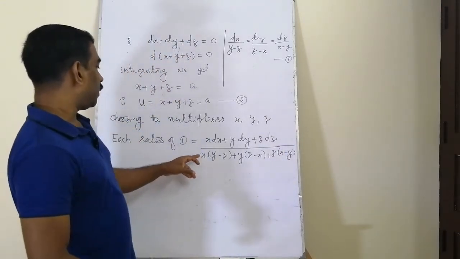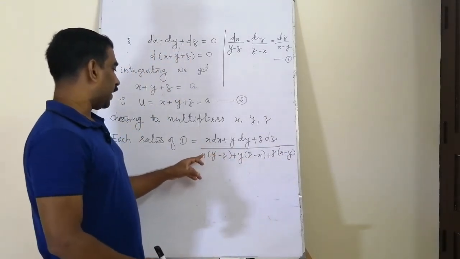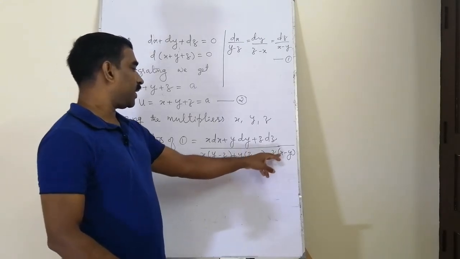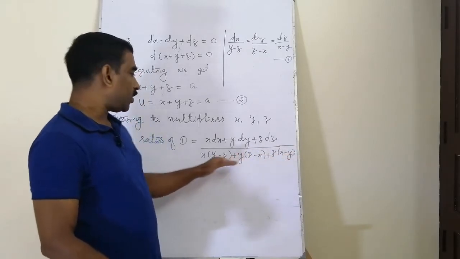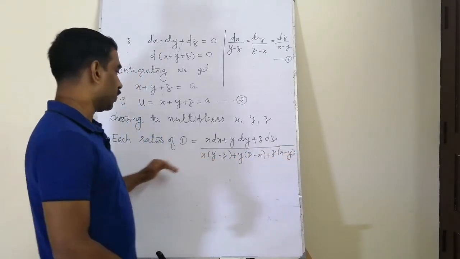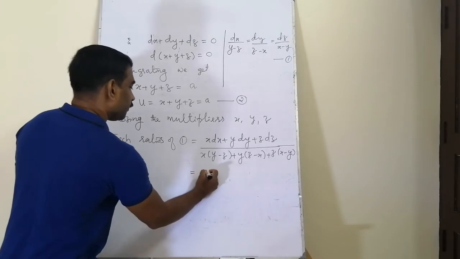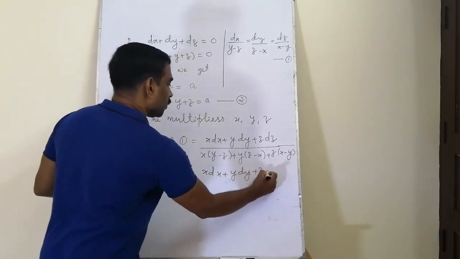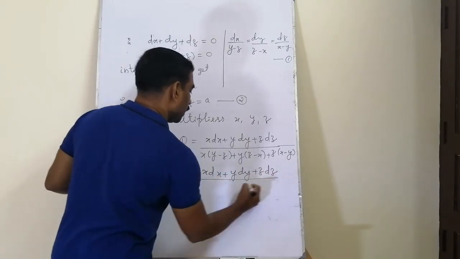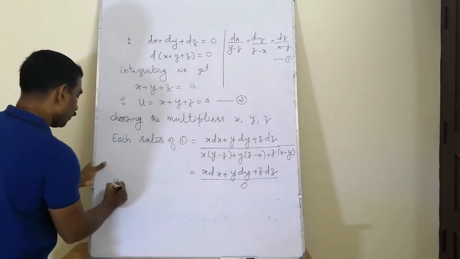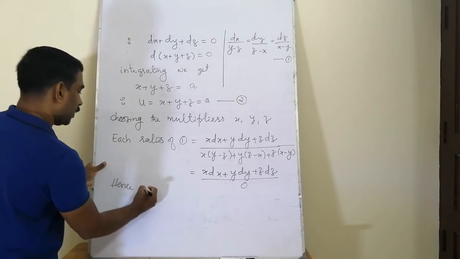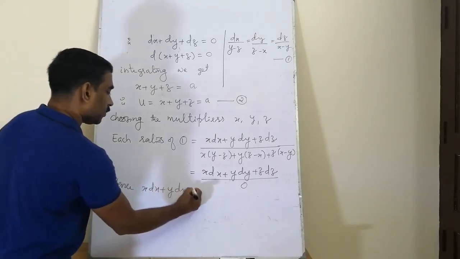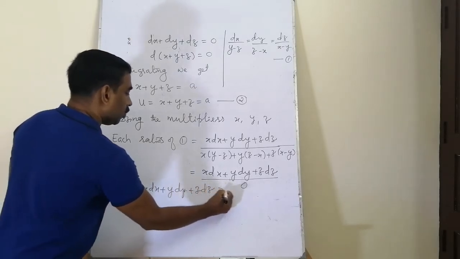Expanding the denominator of the fourth ratio, we get xy minus xz plus yz minus xy plus zx minus zy. On addition, this denominator goes to 0. That is equal to x dx plus y dy plus z dz by 0. Hence, the numerator x dx plus y dy plus z dz equals 0.